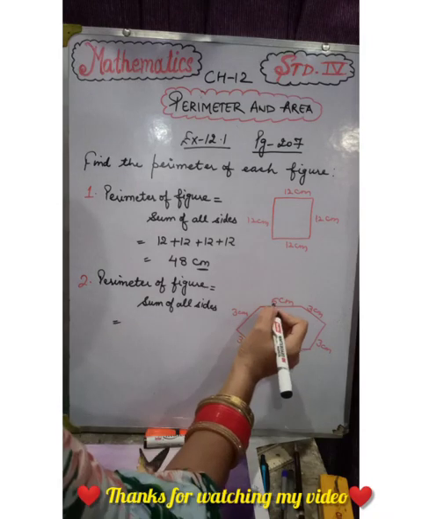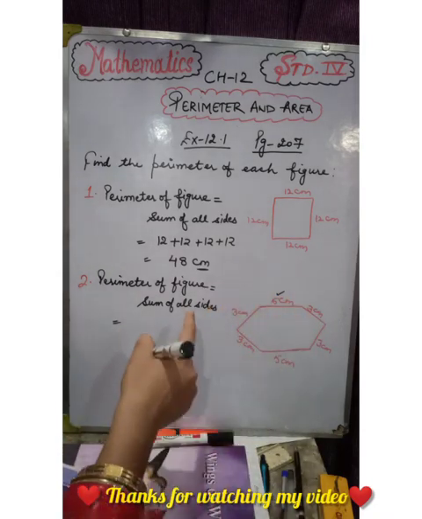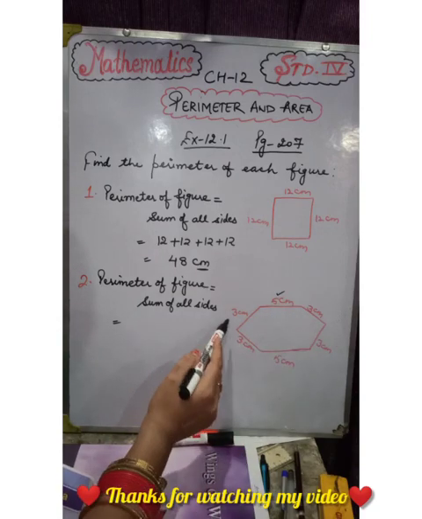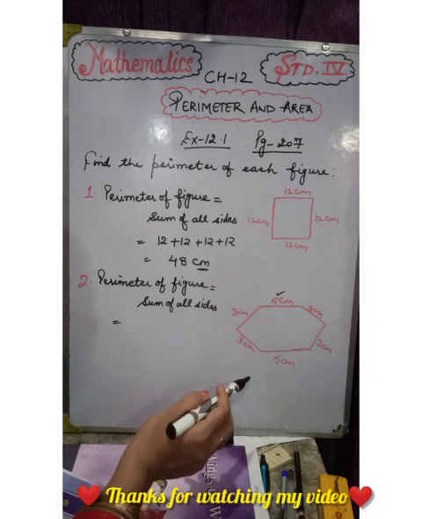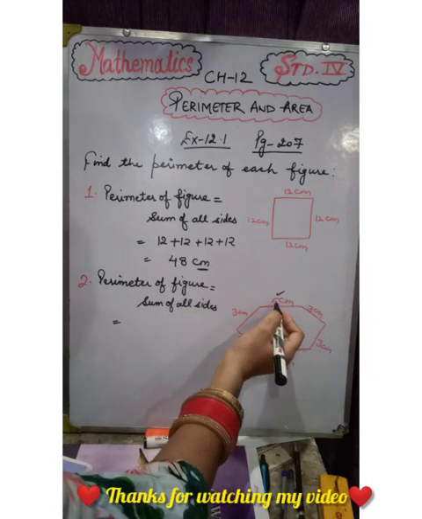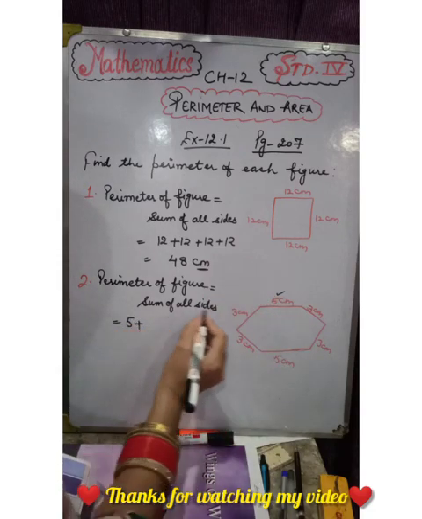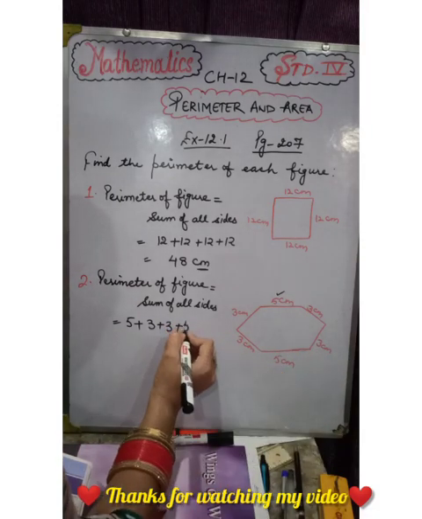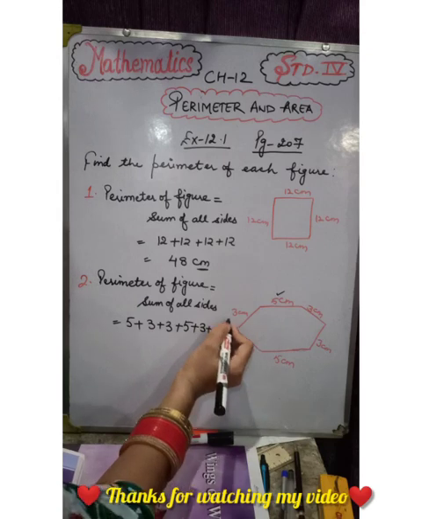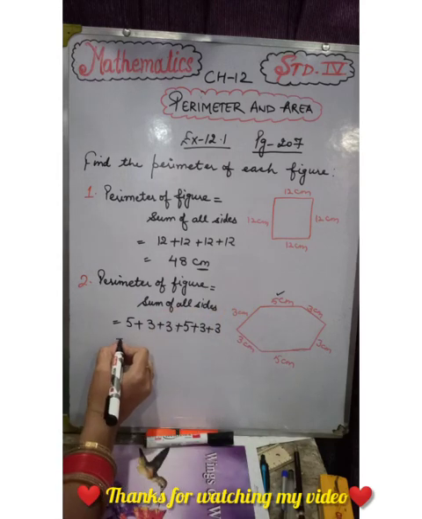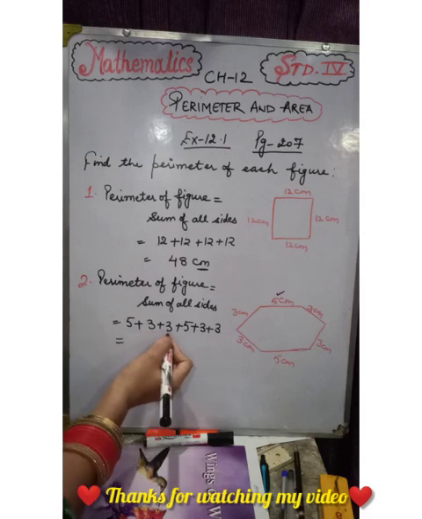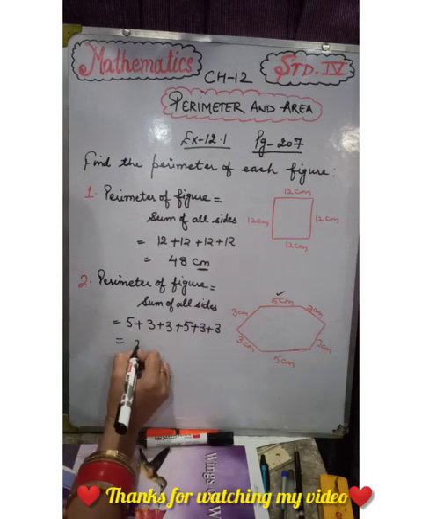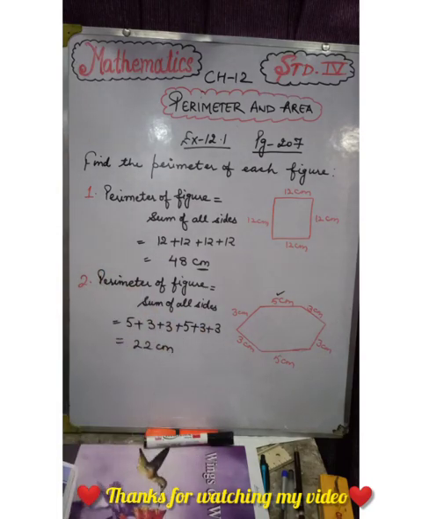Start from anywhere, there is no compulsion that you have to start from one place only. I am starting from here: 5, 3, 3, 5, 3, 3. Let's add: 5 plus 3 is 8, 8 plus 3 is 11, 11 plus 5 is 16, plus 3 is 19, plus 3 is 22. So your answer is 22 centimeter.